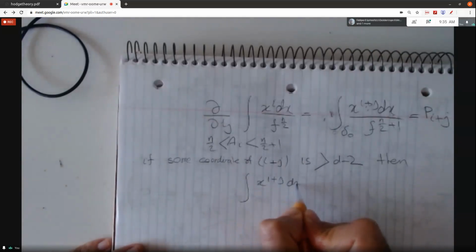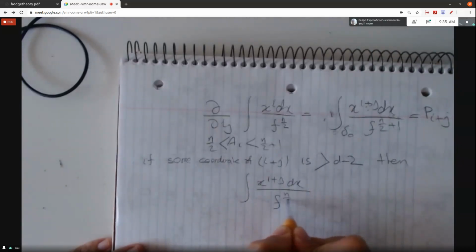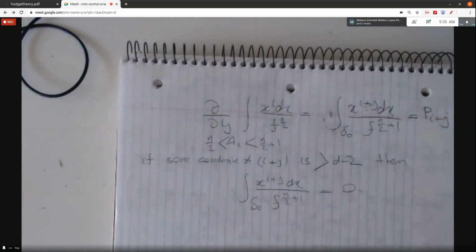I put dx f n half plus 1 delta 0 is equal to 0. Okay, this has to do with some computations in the earlier chapters of the book. Actually, this one we have already discussed, but maybe let me explain a little bit.